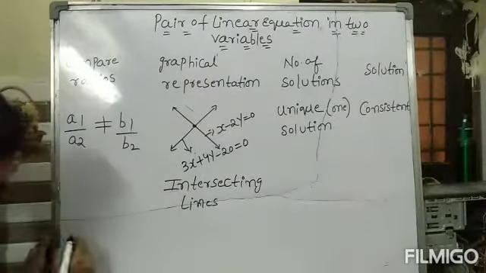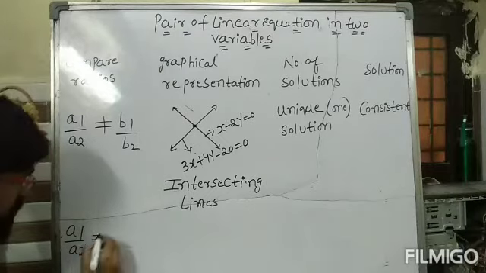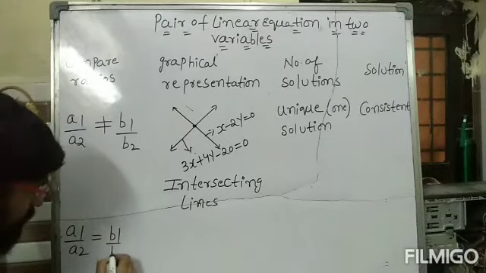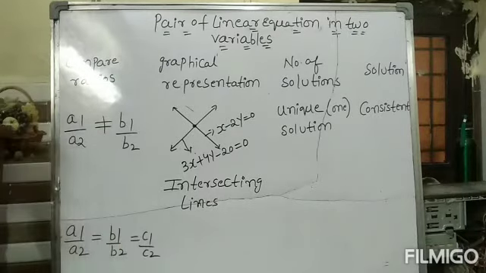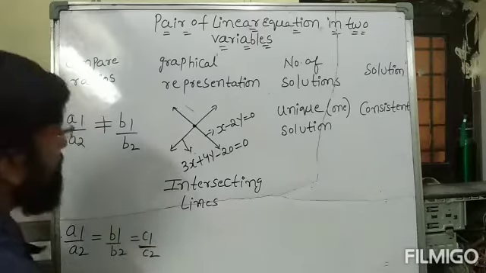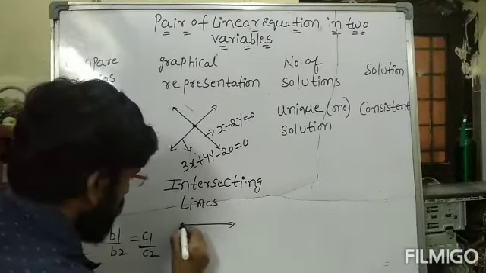Okay. Next condition, A1 by A2 is equals to B1 by B2 is equals to C1 by C2. So all are equal. The lines go like this.